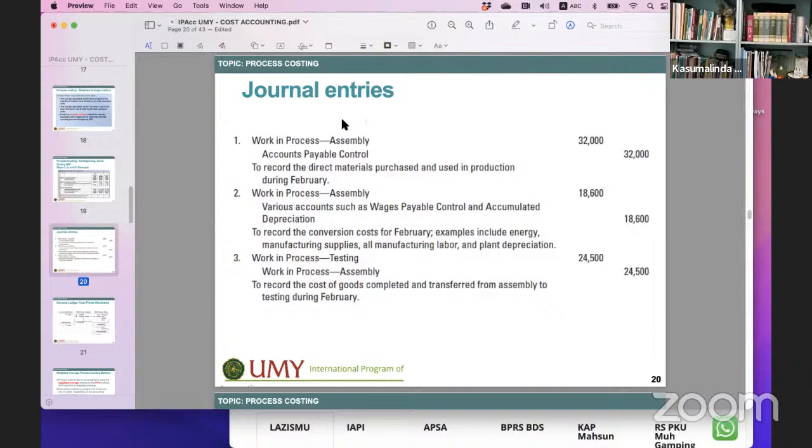Okay, once completed here, if the company has more than one processing department, we will not transfer it to finished goods, because the product is still not yet finished. It's only completed in the first processing department. So we will transfer it to the next processing department.